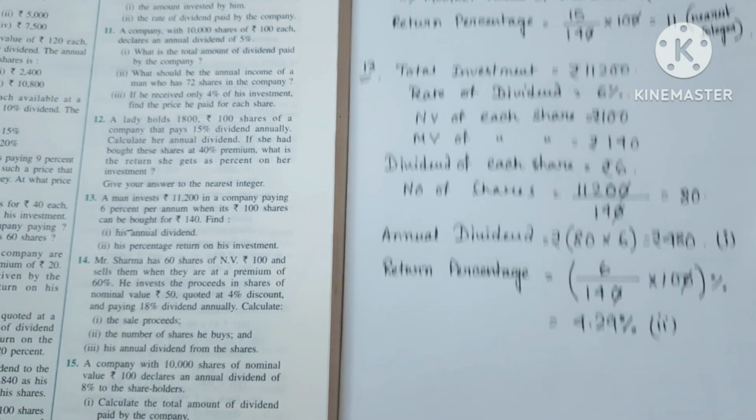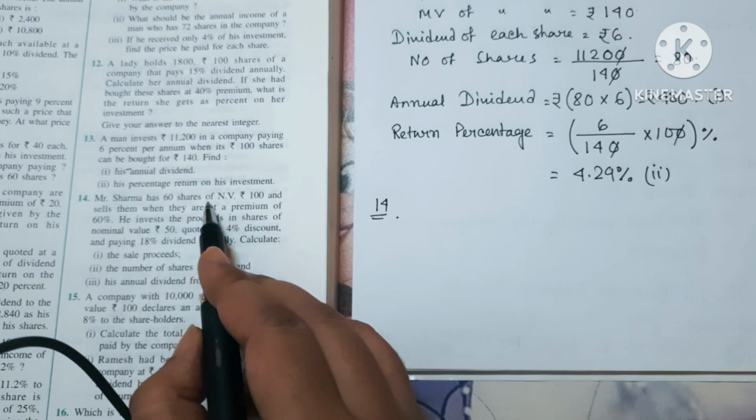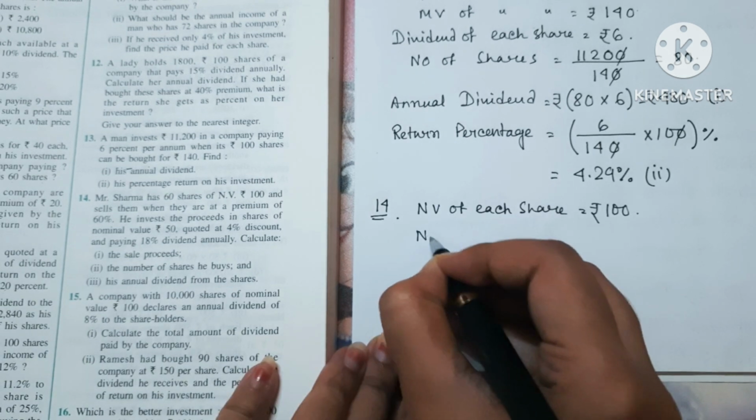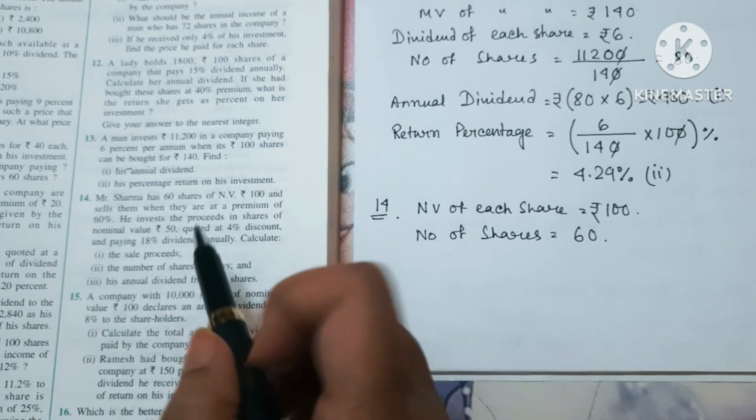Now question number 14. Mr. Sharma has 60 shares of nominal value 100 rupees. So the nominal value and number of shares 60.